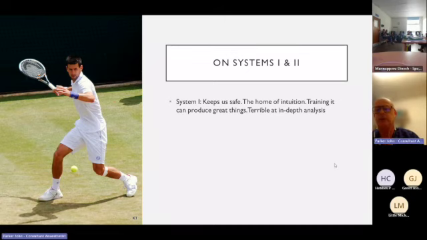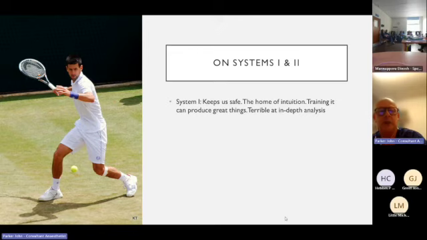So as I say, system one is about keeping us safe and doing intuitive things. You can train it. That's Novak Djokovic there, and he's an elite athlete, and will often have to receive a serve at over 100 miles an hour.